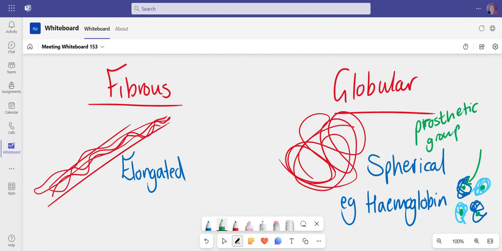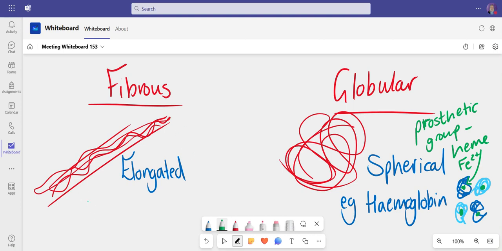The prosthetic group that we get in hemoglobin is heme, and it contains an ion that carries oxygen. So one hemoglobin molecule has 4 polypeptides, therefore 4 heme groups, 4 ions, and therefore can carry 4 molecules of oxygen around.